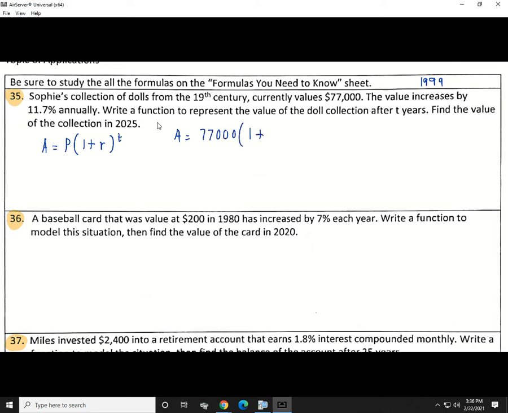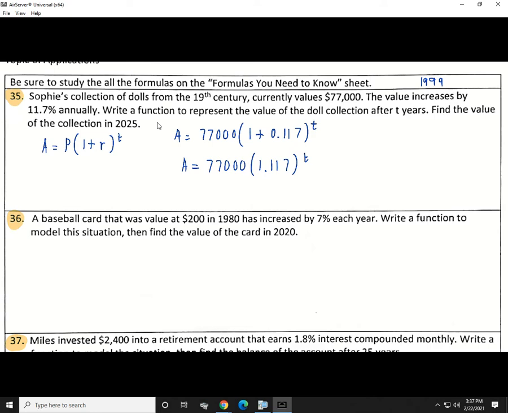And then you're adding, because it's increasing by 11.7%. Remember, move your decimal 2 to the left, so that's 0.117, and that's raised to the t power. So that's going to be 77,000 times 1.117 to the t power.